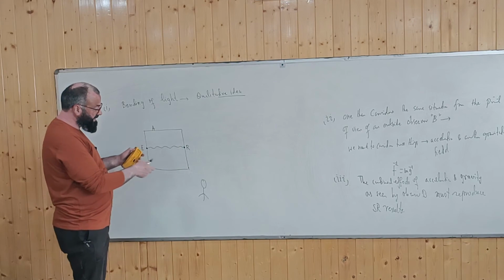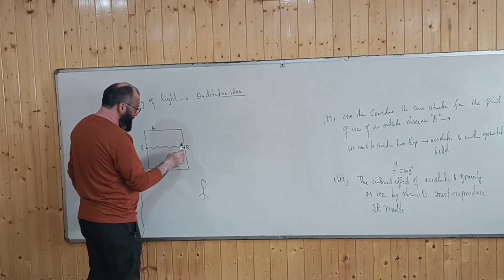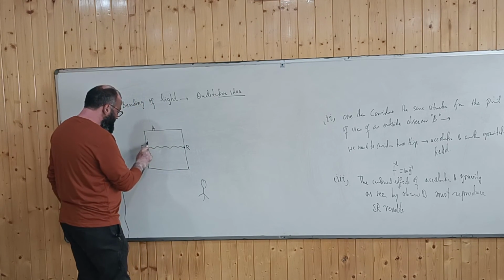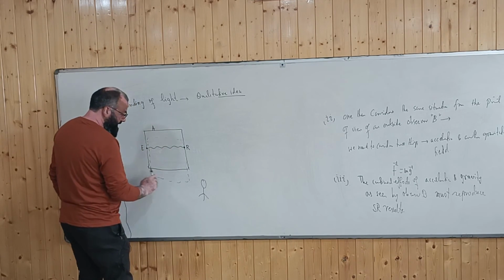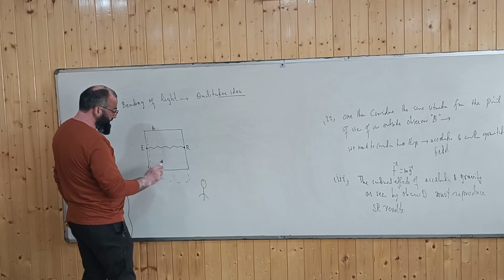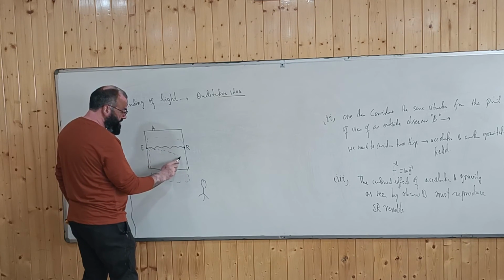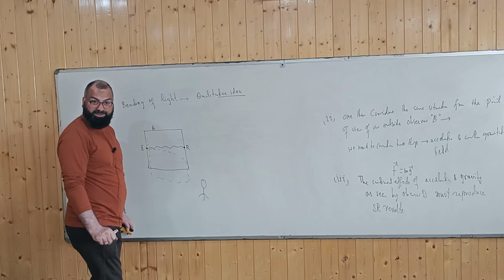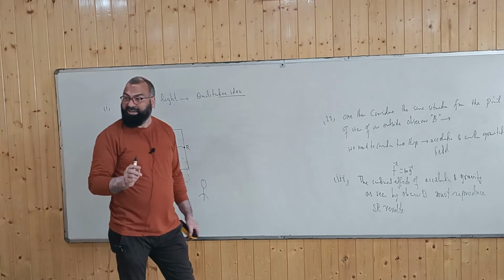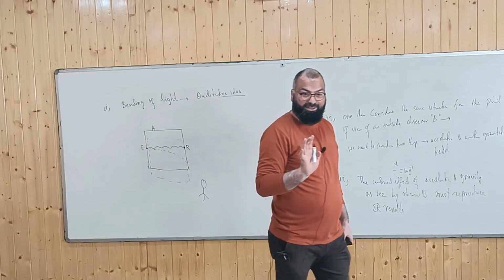So now if you have this observer watching, what will happen? This elevator is under free fall. To the observer sitting here, this light will appear to bend. Clear? Because he is looking at the accelerating effect here.